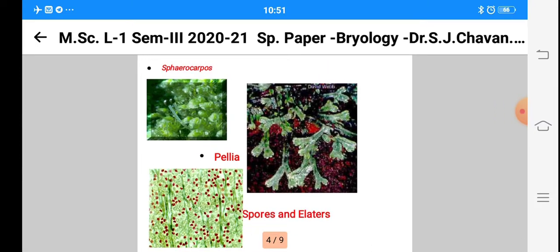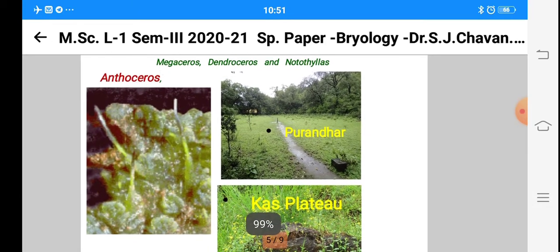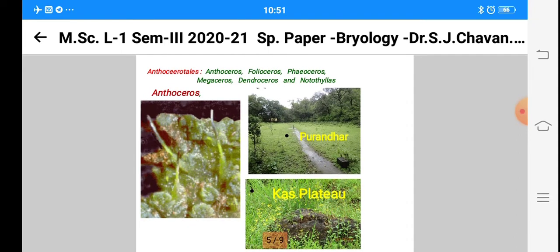I am highlighting the characters of these bryophytes. In Anthocerotales, good examples are the Anthoceros genera: Folioceros, Phaeoceros, Megaceros, Dendroceros, and Notothylas. These are our photographs from when we visited Purandar and the Kas plateau. Then you see the Anthoceros involucre.